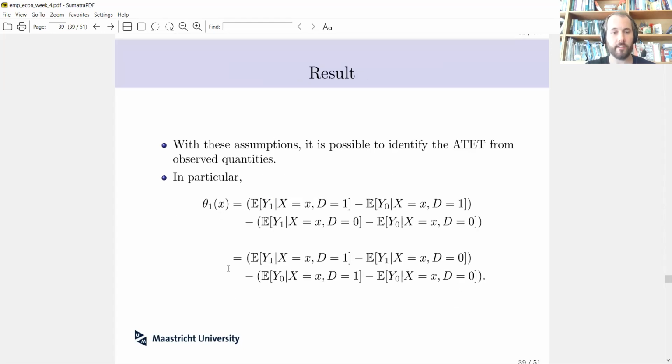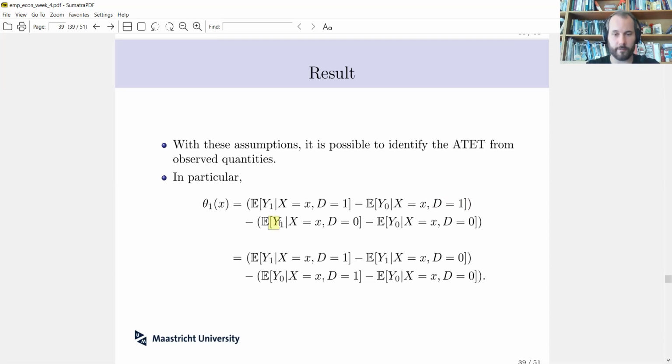Okay, the result is that if you do difference-in-differences, you can identify the average treatment effect on the treated from observed quantities. Here again, we condition on the same X variables all the time. We look at the people after treatment in the treatment group versus before the treatment in the treated group. This is the first difference.